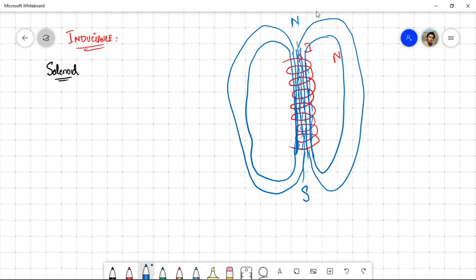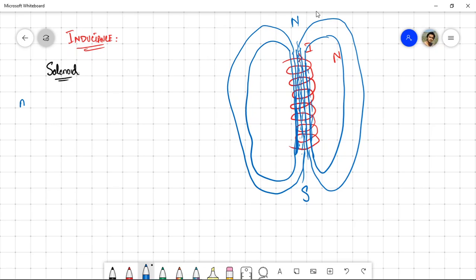So what we'll do here is that we'll try to calculate the magnetic field inside a solenoid. So magnetic field inside a solenoid is the topic, and for that our goal is to derive an expression of magnetic field, magnetic flux density B, for the interior region of a solenoid which has n number of turns per unit length.